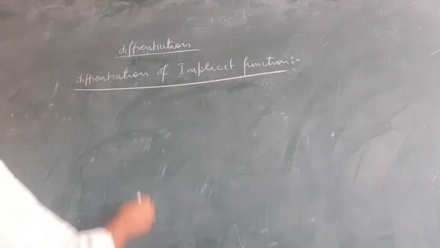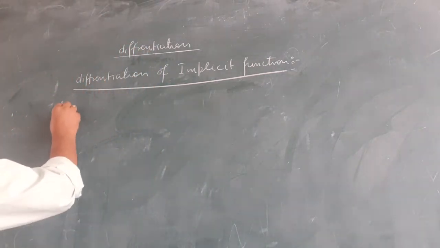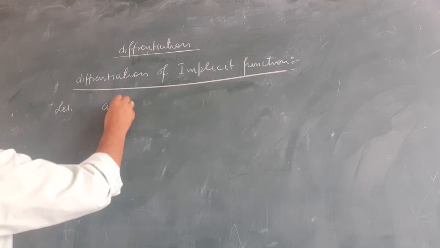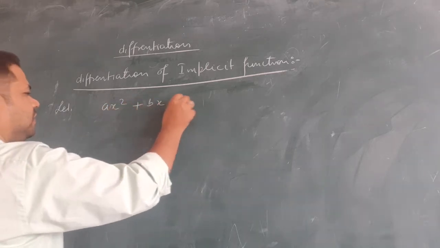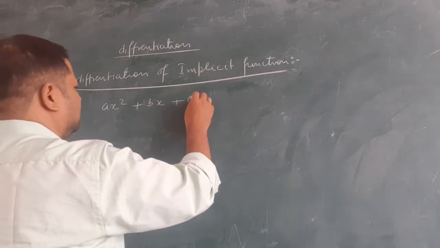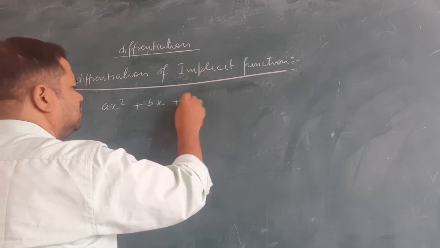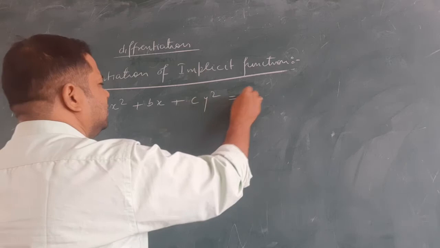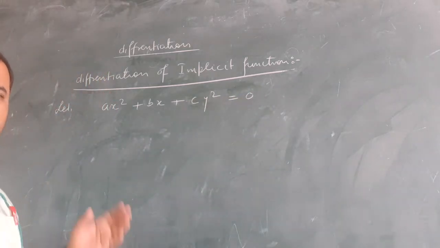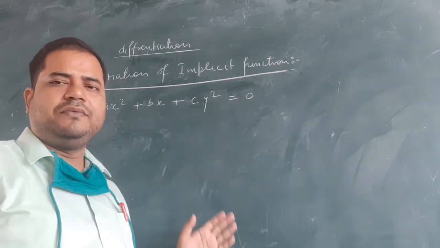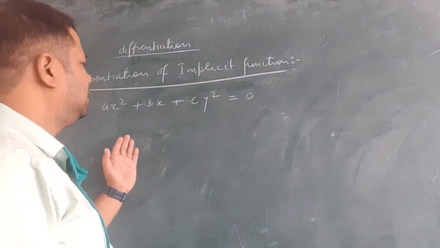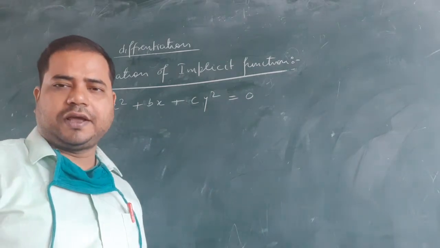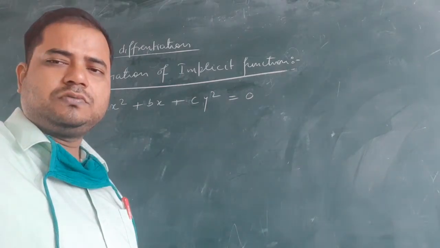So suppose we are given ax square plus bx plus cy square is equal to 0. This is an implicit function and we need to find the differentiation of this function.